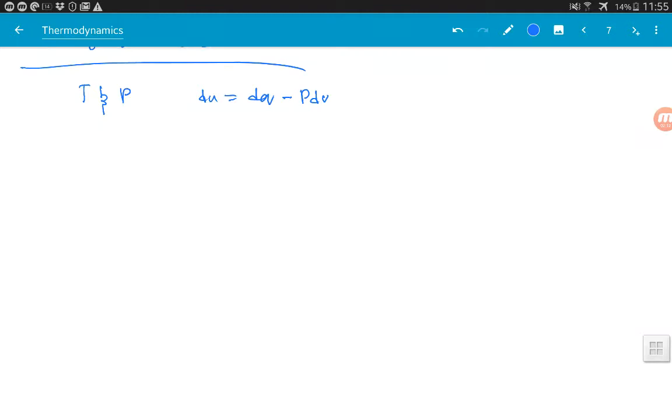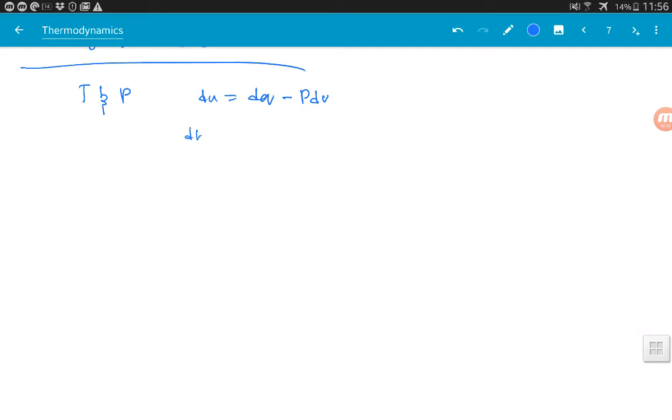To do so, we're going to make use of the relation of the enthalpy. So instead of using the change of U, we will take a look at the change of enthalpy. Let me write it down here so you can understand.